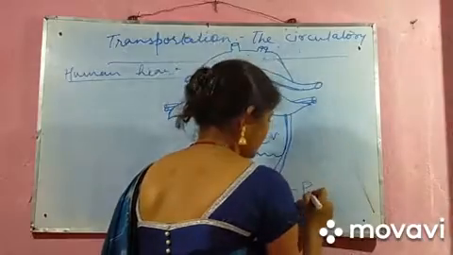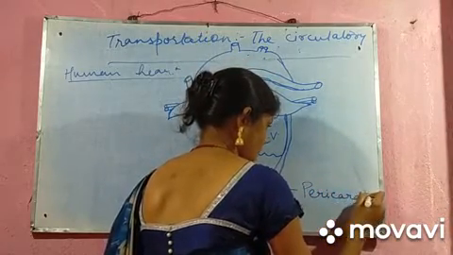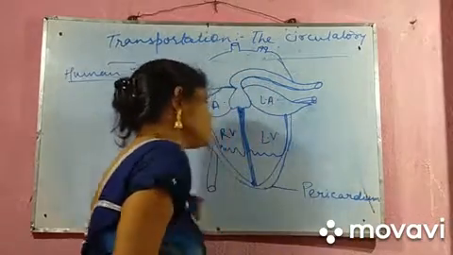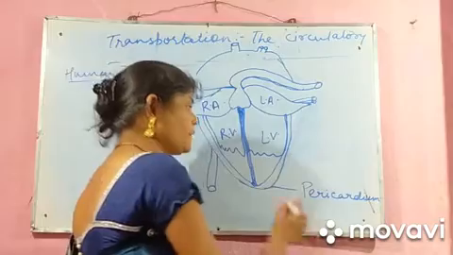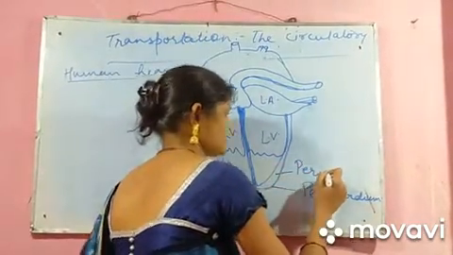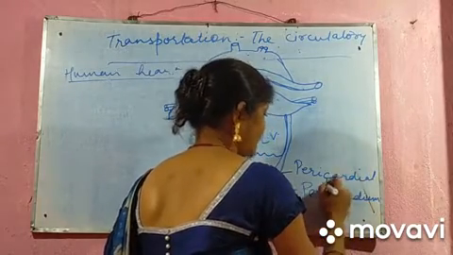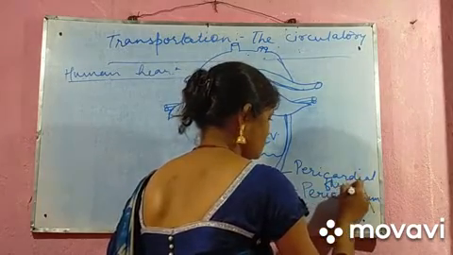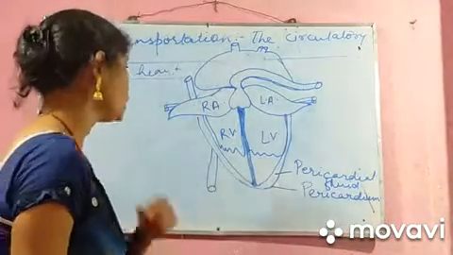That is the pericardium. Between the membranes, it is filled with fluid, which is called pericardial fluid, which protects the heart from external shock.